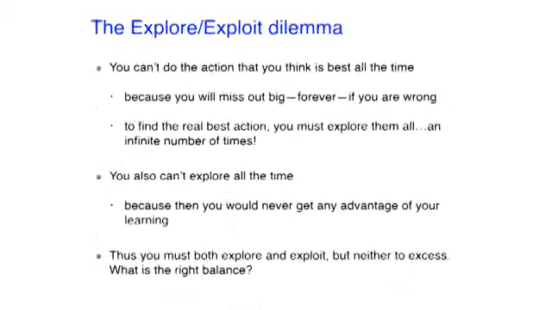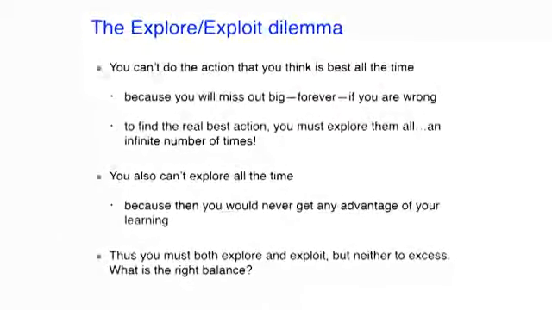Okay. But before I can quite do the final step, we have to talk again about the exploration-exploitation dilemma. We know, because we did the early example, that you can't do the action that you think is best all the time because you might miss out big and forever on a better action. And so you have to try them all many, many times.